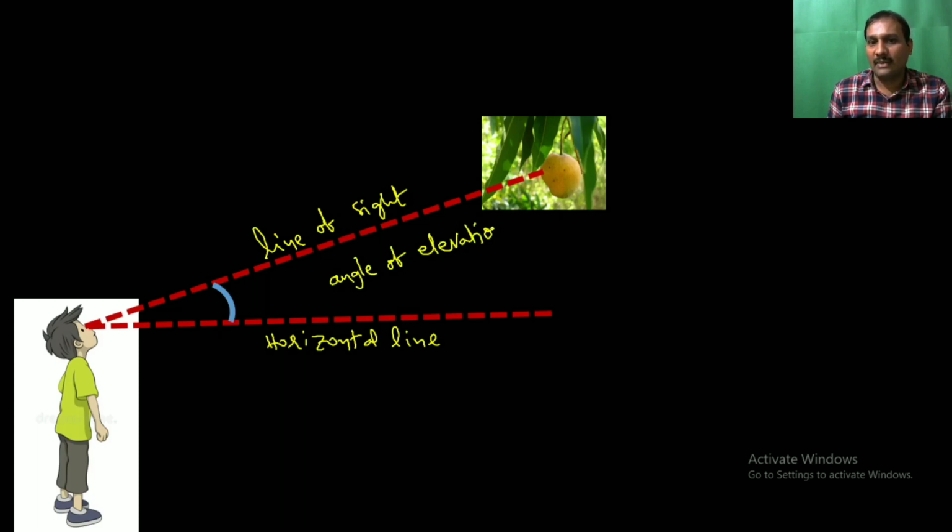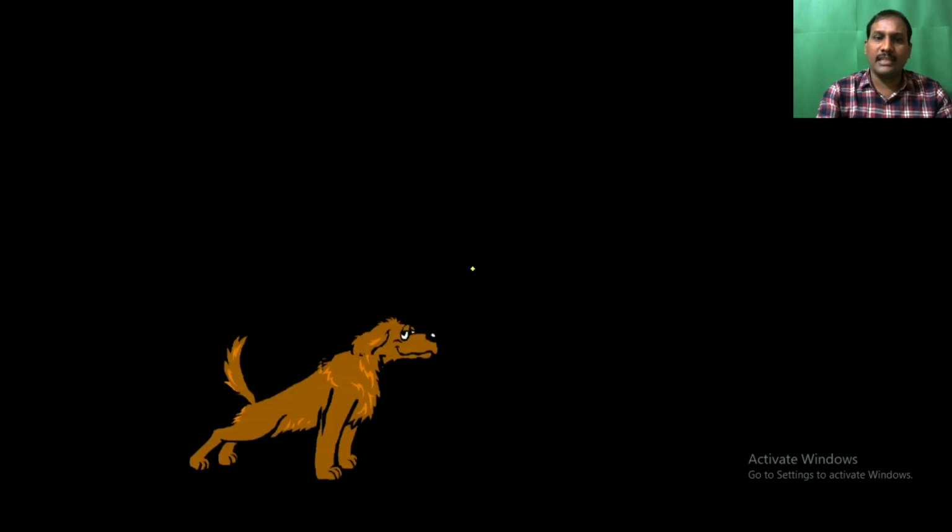So generally when the object is at a higher level than the observer, the angle of elevation is formed. We'll see one more example. Here is a dog. It is observing something on the top.